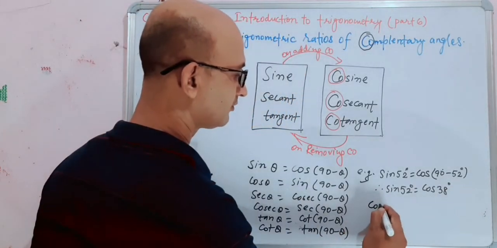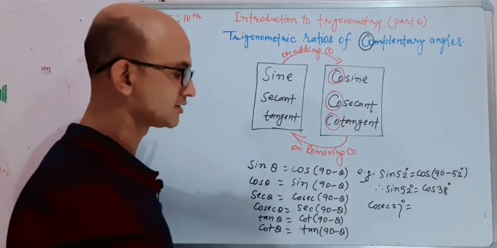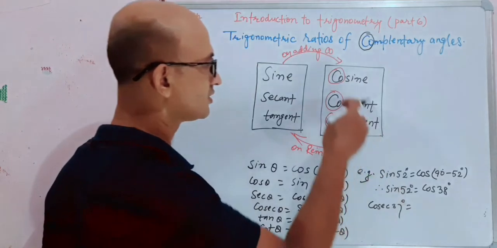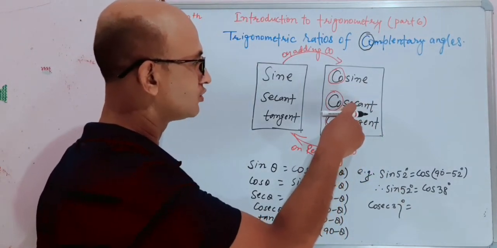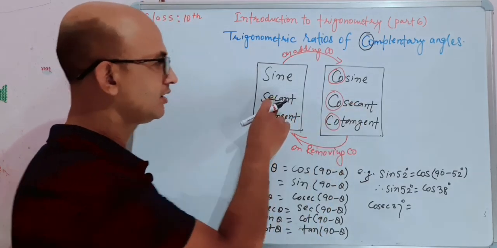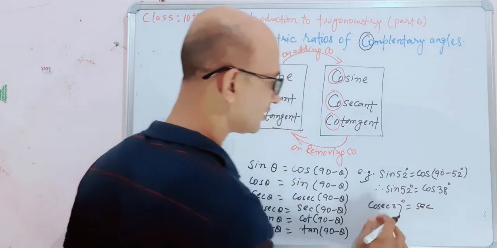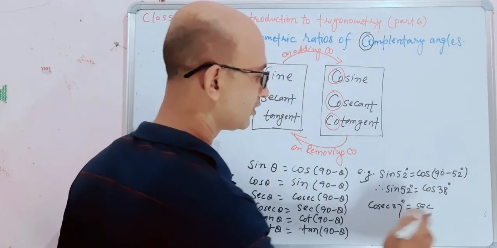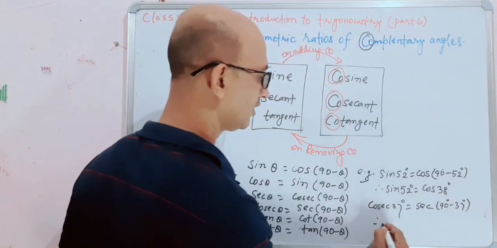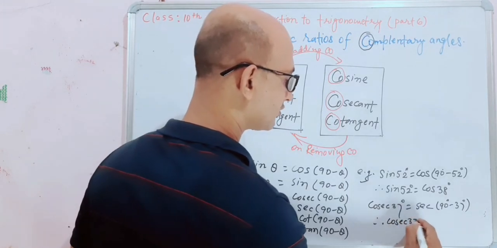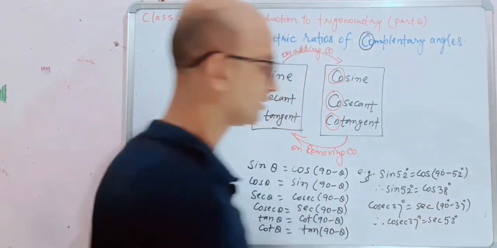Similarly, if we have to find complementary of cosec 37, since cosec is a trigonometric ratio having name with CO, its complementary will be obtained by removing CO from it. So we get sec, complementary of cosec is sec, and complementary of 37 is 90 minus 37. In this way, we get cosec 37 degree equals sec 53 degree.